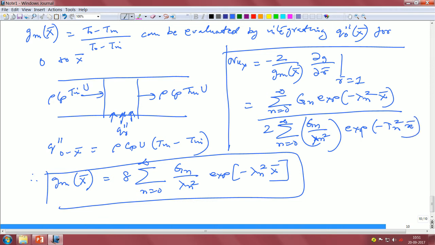So, that is the solution for this. Now, Nusselt number we know what will be the final expression, Gm we know what will be the final expression.